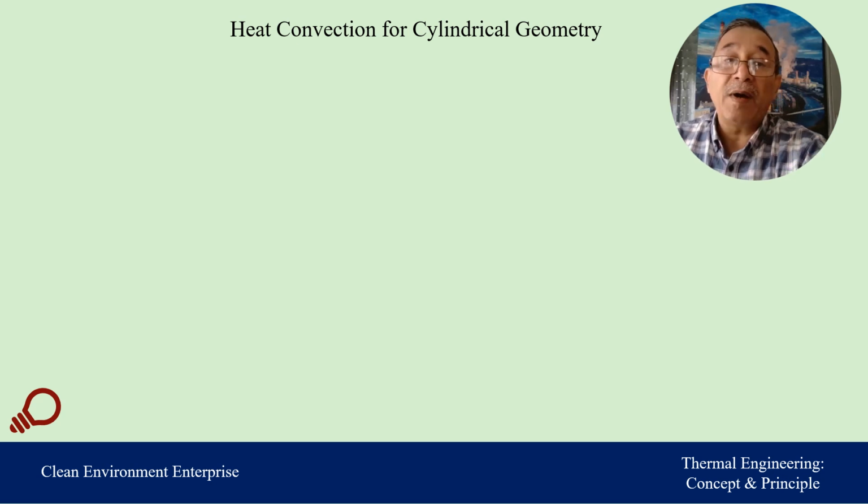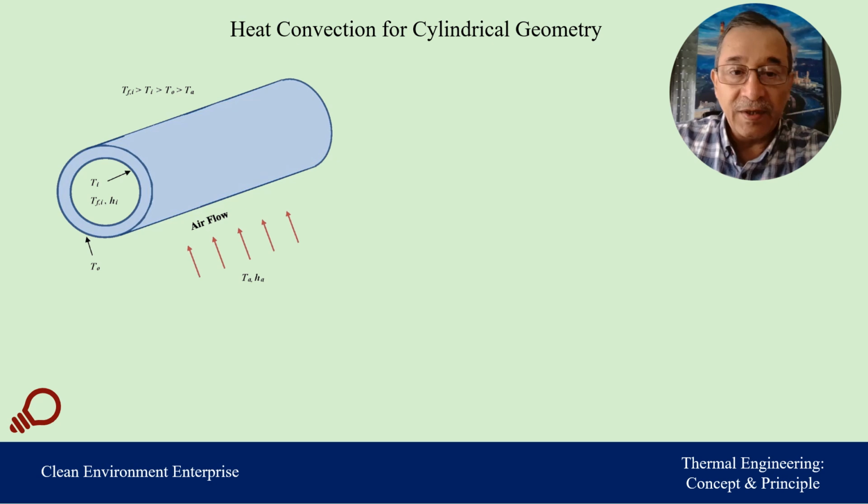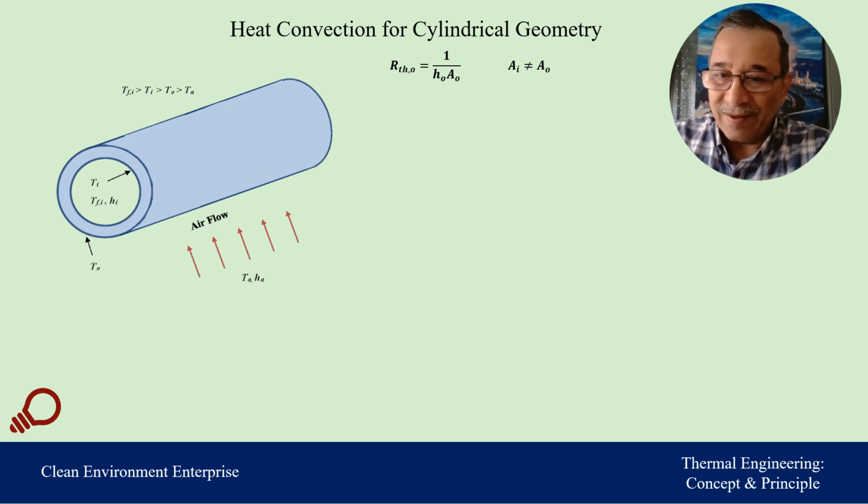Here we will talk about heat convection for cylindrical geometry. If we assume that there is a piece of pipe just like that, exposed to ambient airflow with the temperature T infinity, and let us consider that the inner surface temperature of this cylinder is kept at a value Ti, then our thermal resistance depends on the surface area where we are going to calculate or estimate.